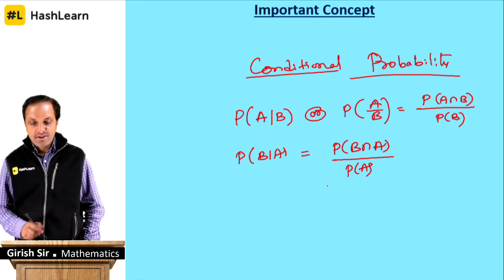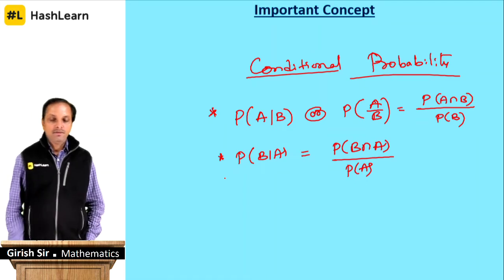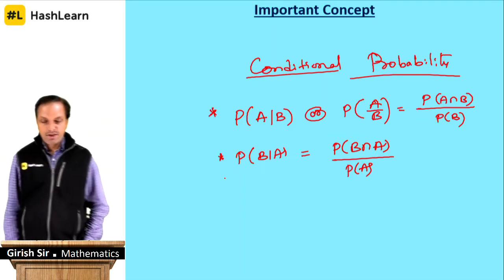Fine. Just remember this very important formula: conditional probability, A intersection B and B intersection A.